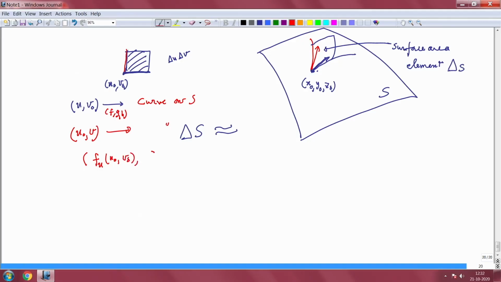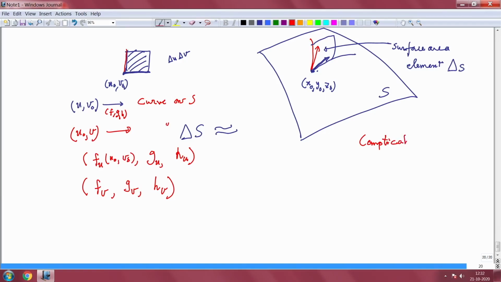That is one tangent, and the other tangent is f v, g v, h v at the same point. So, I have two tangents, but there will be complications.